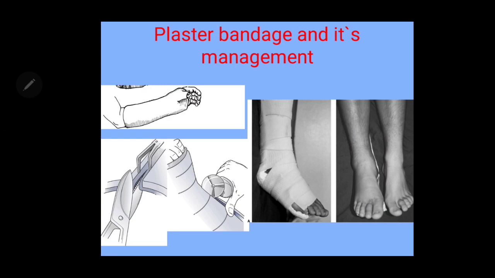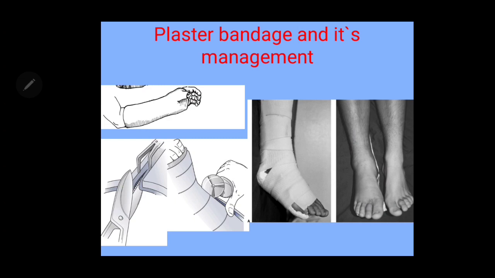So for this, tips of fingers are usually made visible, so you can touch them, and if they are warm, of normal color and sensation is present, then you're sure that everything is okay. But if there is no sensation, they are pale or dark or cold and there is no sensation in the fingers, that is a very important sign.